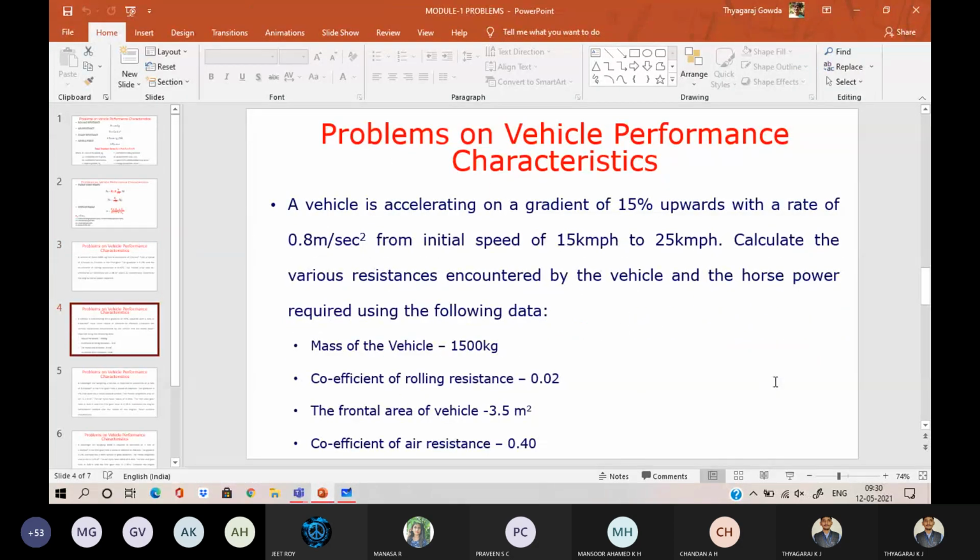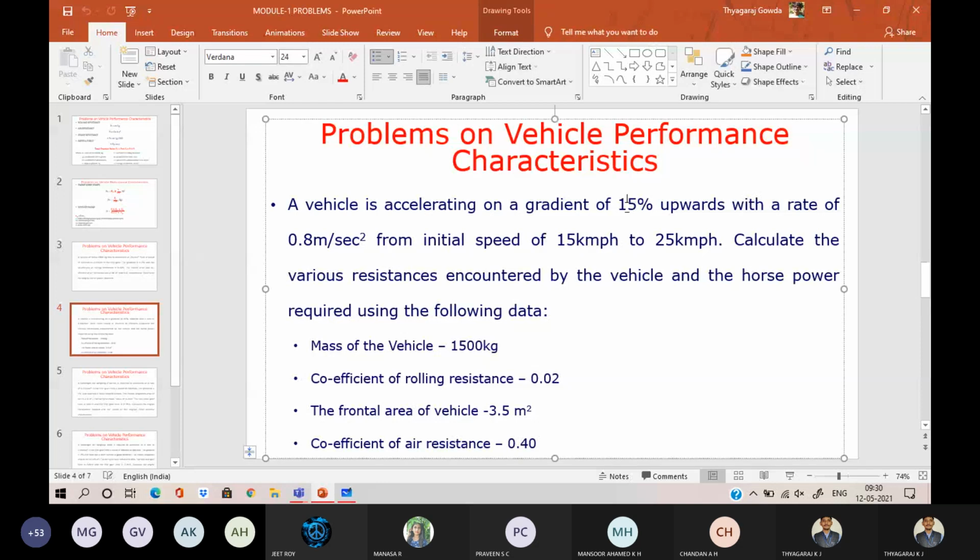So note down. A vehicle is accelerating. It is 1.5, not 15.